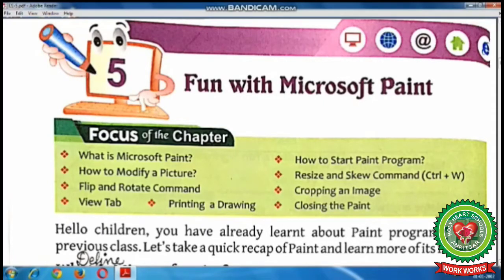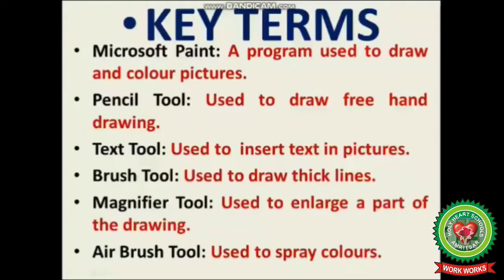Before starting the topic, let's discuss the important key terms of today's topic. Microsoft Paint, a program used to draw and color pictures. Number 2, pencil tool, used to draw freehand drawing.